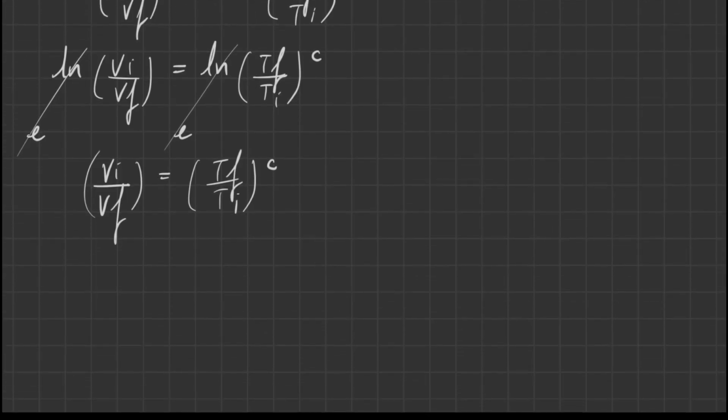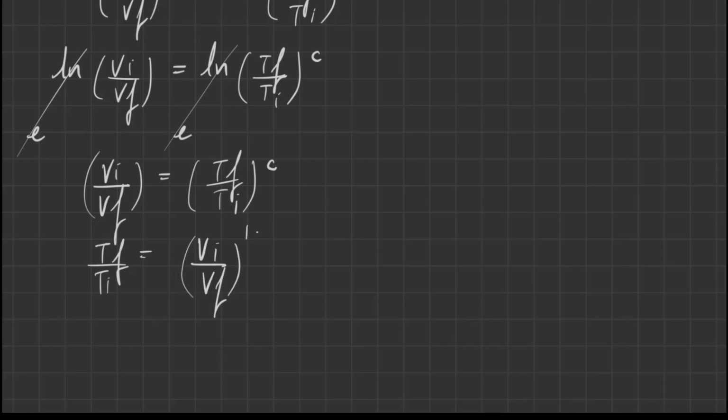Normally this equation is written out like this. Final temperature over initial temperature is equal to initial volume over final volume to the power of 1 over c.